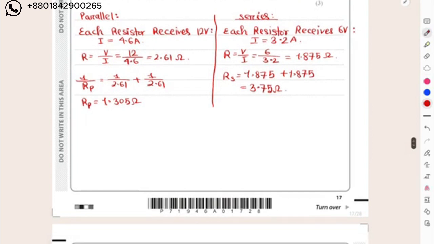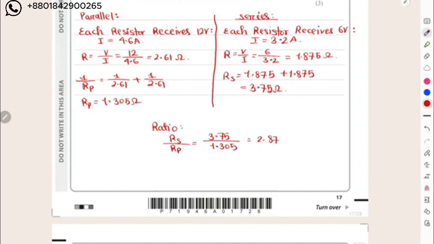Eventually, if you want to find out the ratio, you can see whether it is exactly 1 by 4 or not. The ratio over here would be almost 2.87, right?